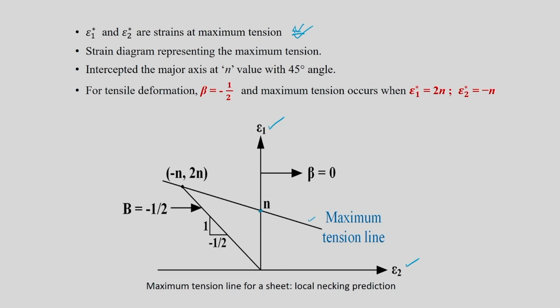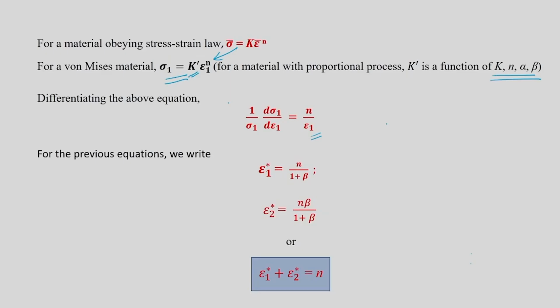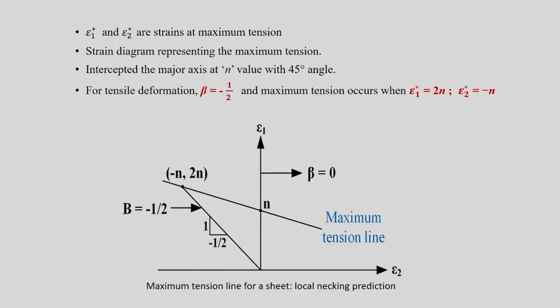So what is the physical meaning of this line? It tells you that for any data point you pick, maximum tension is reached for that particular beta. For example, when beta is equal to minus half, your epsilon 1 star will be 2n and epsilon 2 star will be minus n.